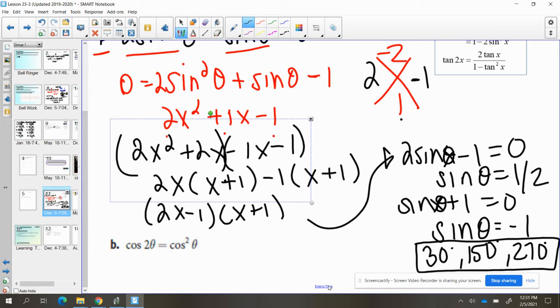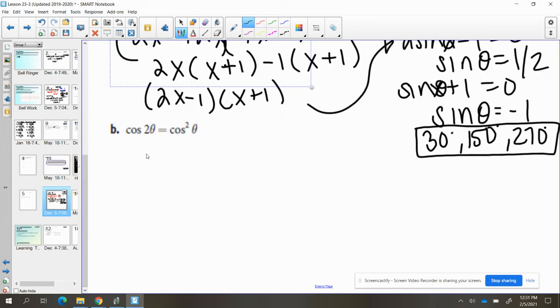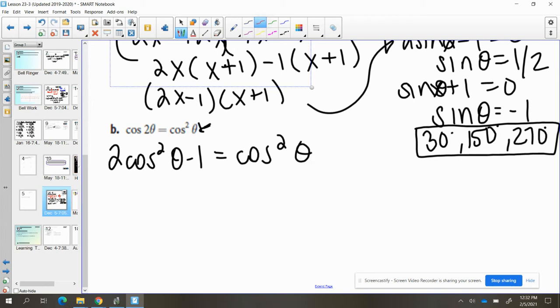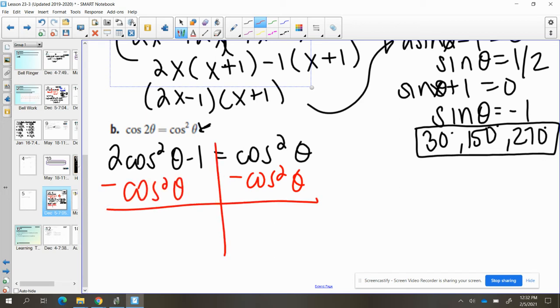Now on this next one, I would recommend using the 2 theta that has 2 cosine squared theta minus 1, since we already had a cosine squared here to make our lives easier, because now we can bring all the cosine squareds to one side. So subtract that cosine squared from the 2 cosine squareds we already have, and we end up with 1 cosine squared minus 1.